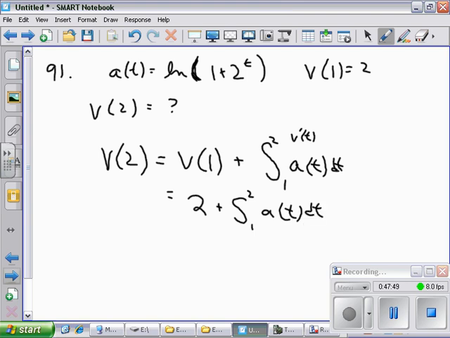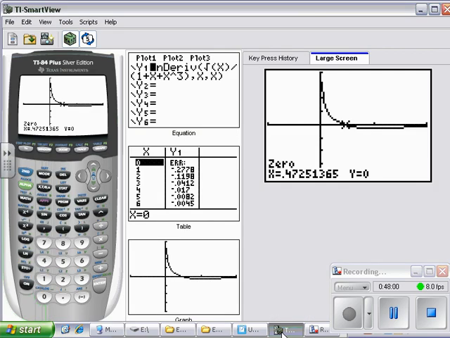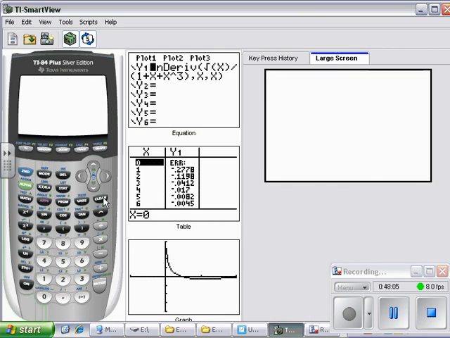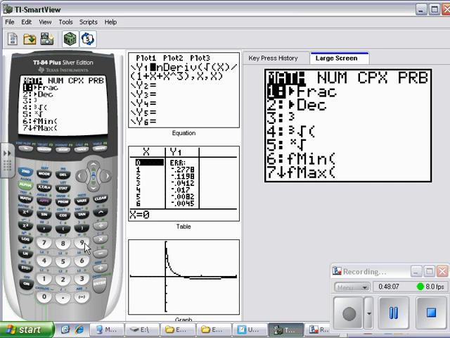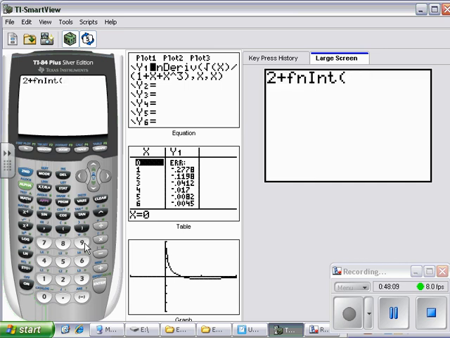And we'll go to the calculator, of course, for this. So we're going to take 2 plus the integral of sine of ln of 1 plus 2 to the t. Home screen, clear it. 2 plus math 9. ln parentheses, 1 plus 2 to the x.